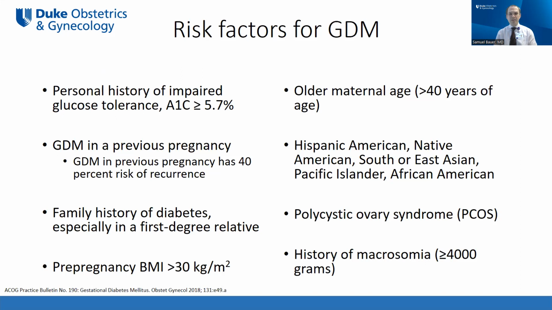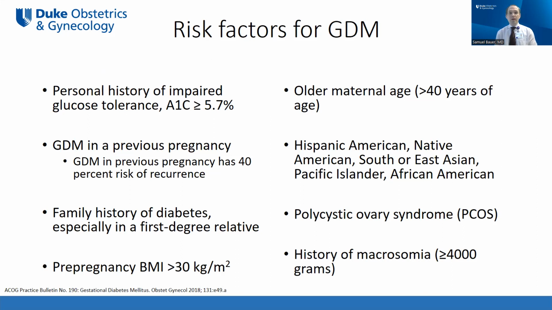There are risk factors for gestational diabetes, including a personal history of impaired glucose tolerance or an A1C greater than or equal to 5.7, and history of gestational diabetes in a previous pregnancy. Those patients can be at as high a risk as 40% for a recurrence. Family history, especially in first-degree relatives.